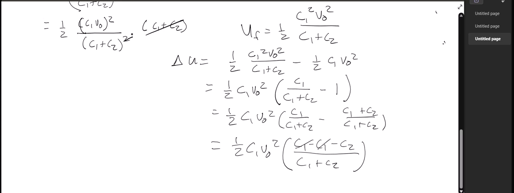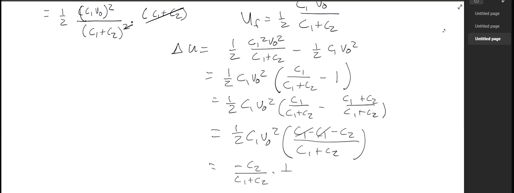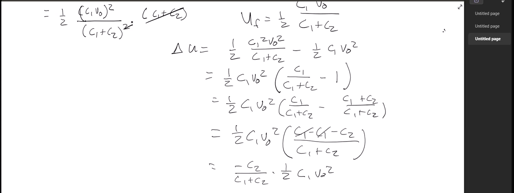And then C1 minus C1, those cancel out. And I get minus C2 over C1 plus C2 times 1/2 C1 V naught squared.